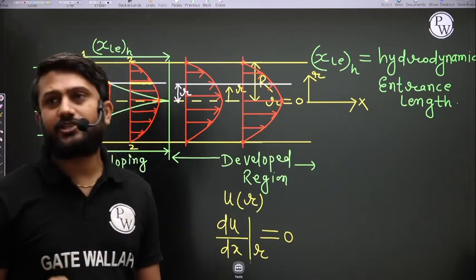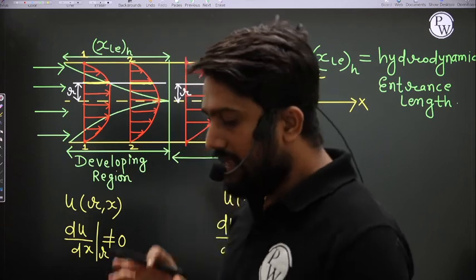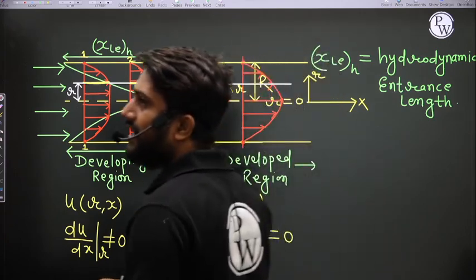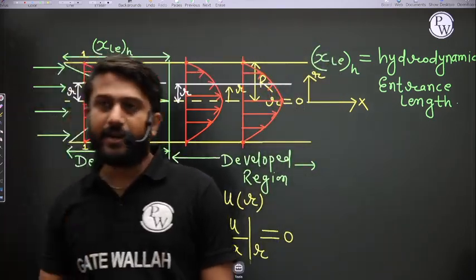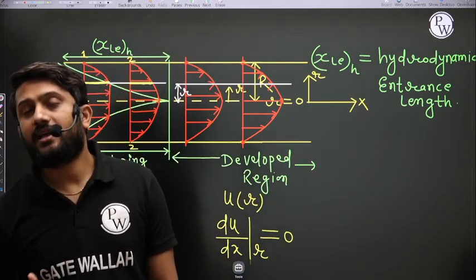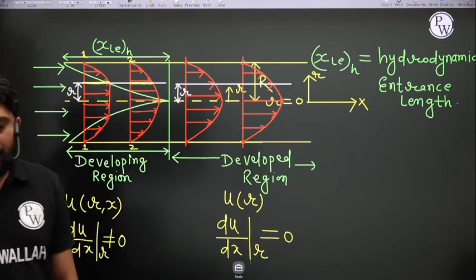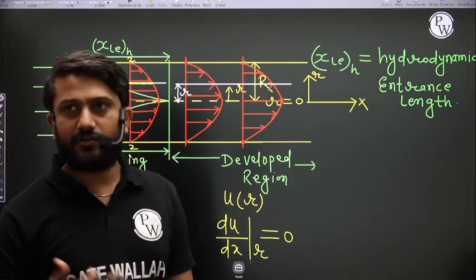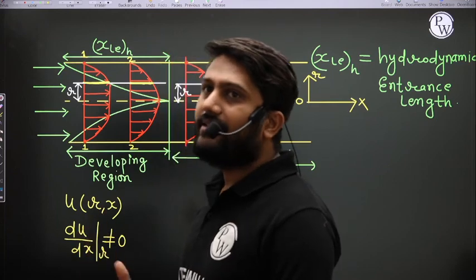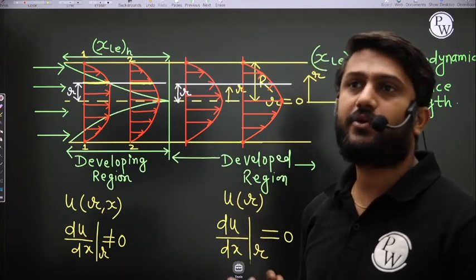So this is the story of the developed region. In the developed region, the velocity profile is not changing; at a particular r, u is not a function of x. Whereas in the developing region, the profile is continuously changing, and at a particular r, u is a function of x.